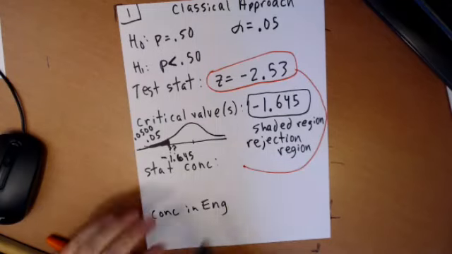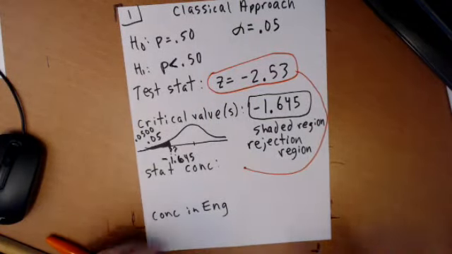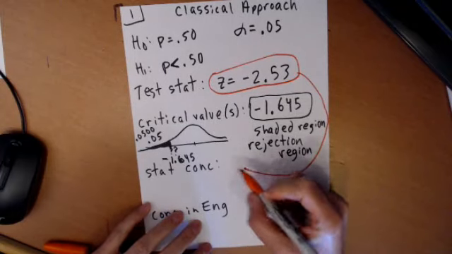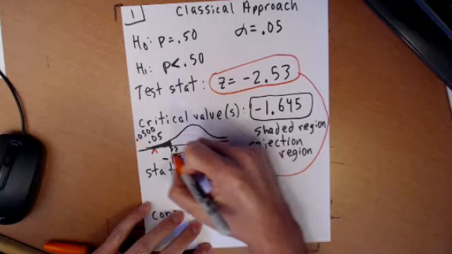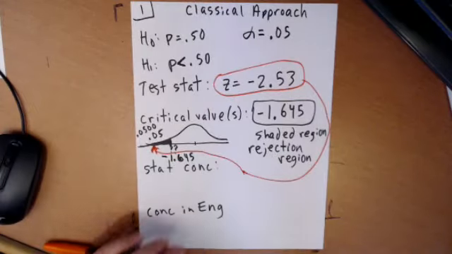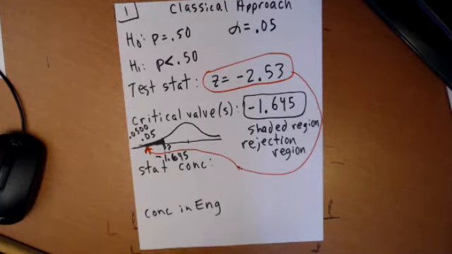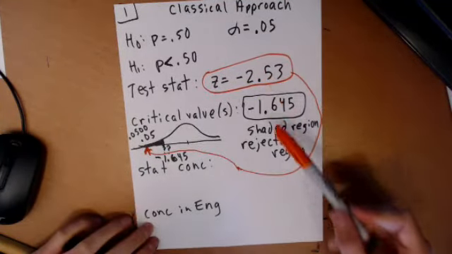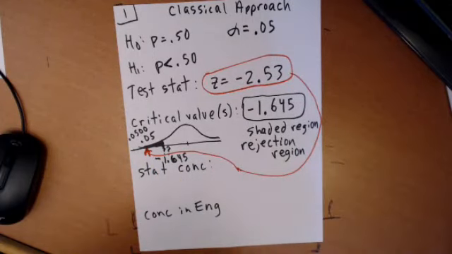And we have positive numbers to the right. The negative numbers keep getting more negative that way. So negative 2.53 seems to me to be about right there. Negative 2.53 is more negative than negative 1.645. So our test statistic lands in the shaded region. It lands in the rejection region.